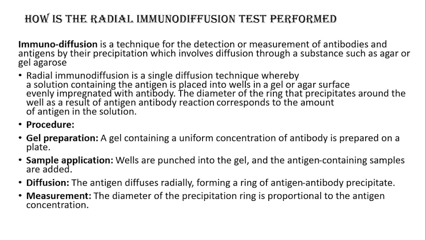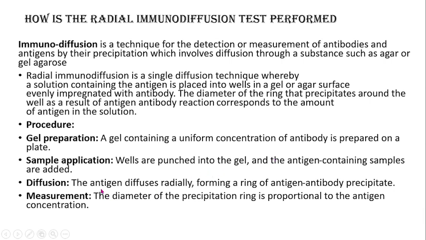It means that we have a plate which contains the gel, and that gel contains a uniform concentration of the antibodies. The second procedure is sample application, which means the addition of the sample to that plate coated with the antibodies.